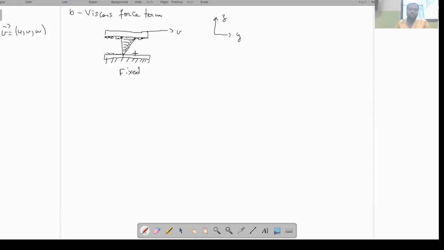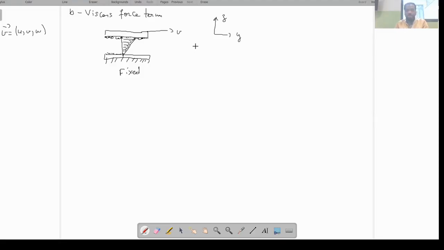So viscosity is associated with shear stress, which is a force per unit surface area, like pressure. However, unlike pressure, viscosity or viscous force acts tangentially to the surface.